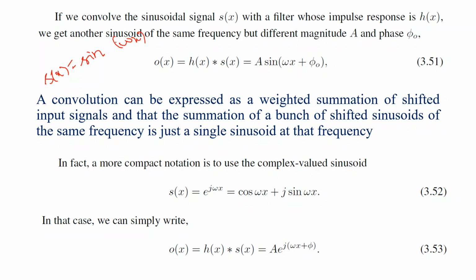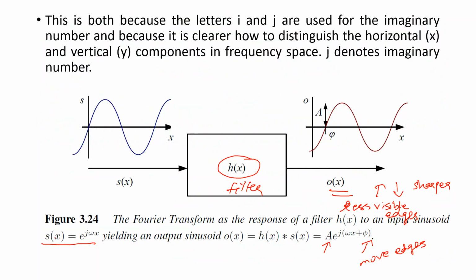That's what we saw in the last slide as a result. Now, on applying the filter, O of x equal to H of x into S of x, instead of e power j omega x, we got A into e power j omega x plus phi.